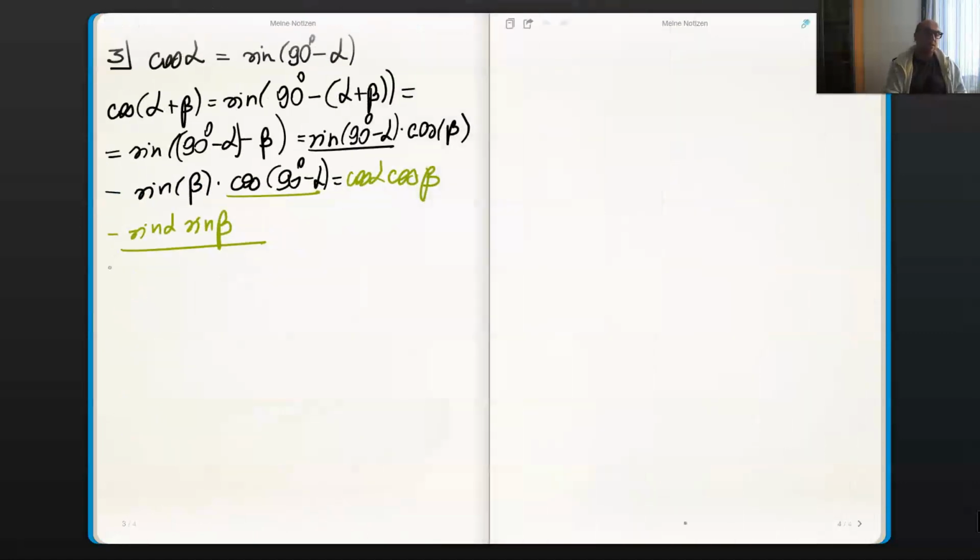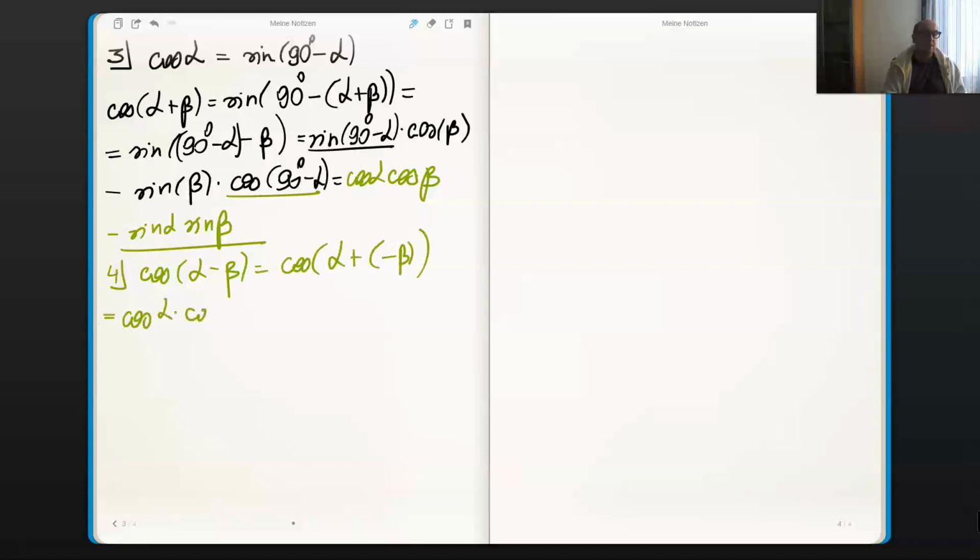And the fourth one is also easily computed. We don't know the formula for the minus, but we already know the formula for the plus. So we write it as the cosine of alpha plus, well, the same, minus beta. And now we apply formula number 3. It's the cosine of the first angle times the cosine of the second minus the sine of the first times the sine of the second.